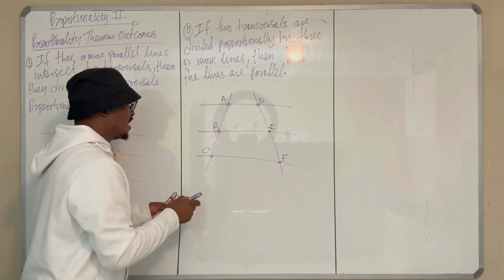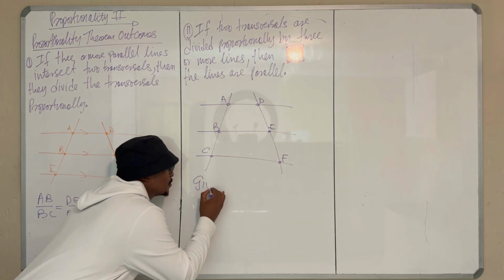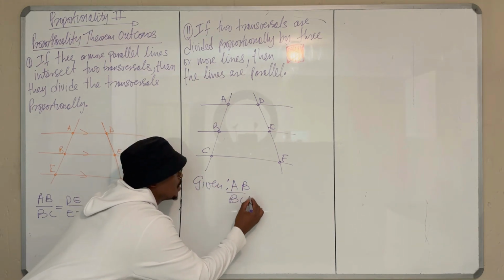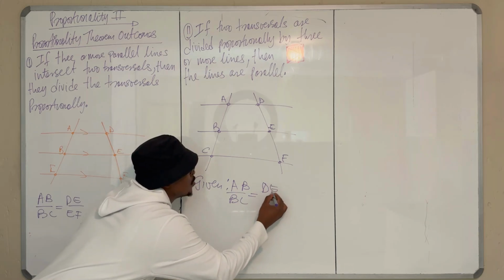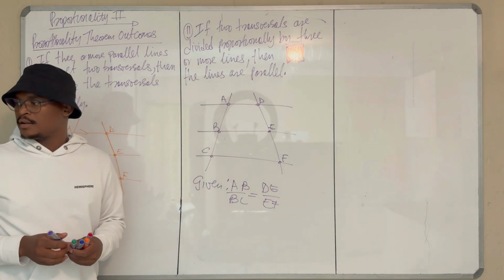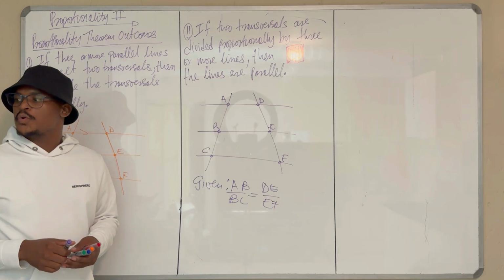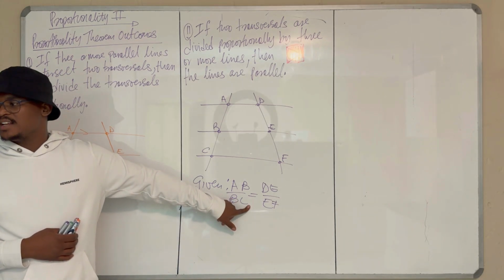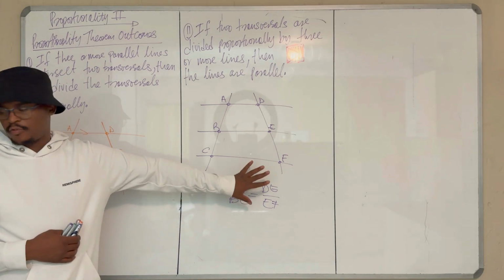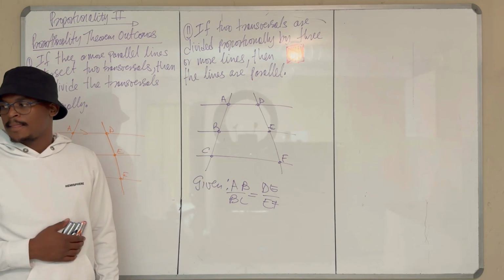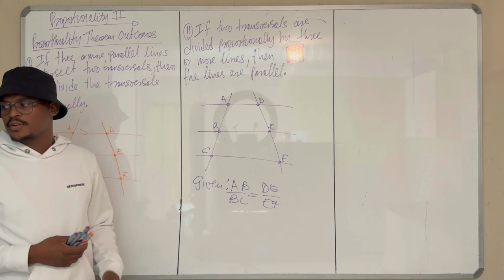So if it is given that your AB over your BC equals your DE over your EF, then these lines are parallel. You deduce the parallelness from that division of equal ratios. I'm not sure if that makes sense.